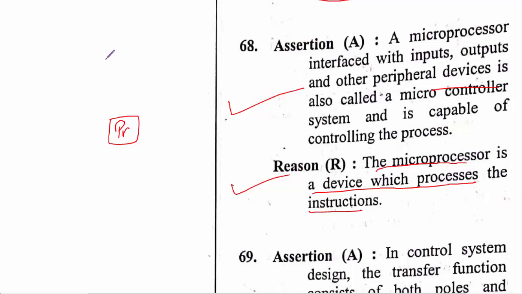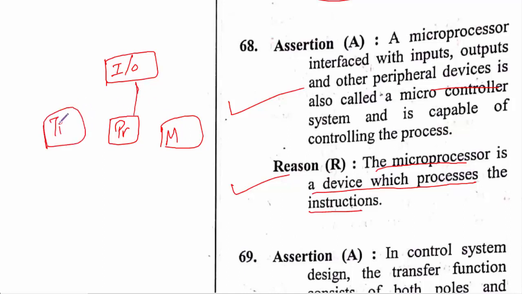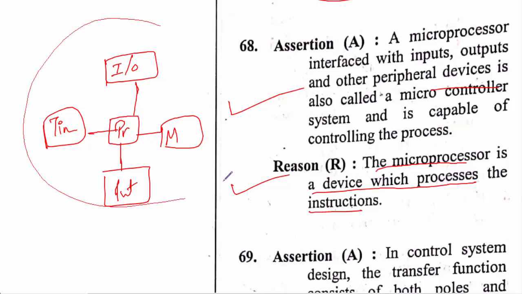For this processor, if you are connecting IO, memory, timers and interrupts, then this one will become a microcontroller. Able to follow? So the reason is not the correct explanation for the assertion. So you will be getting option B.